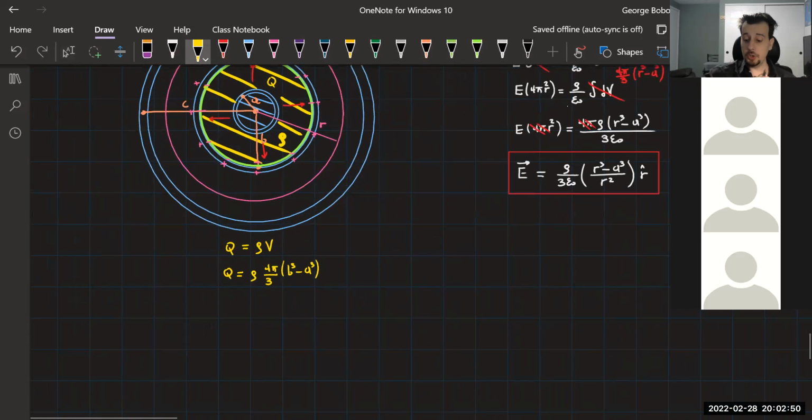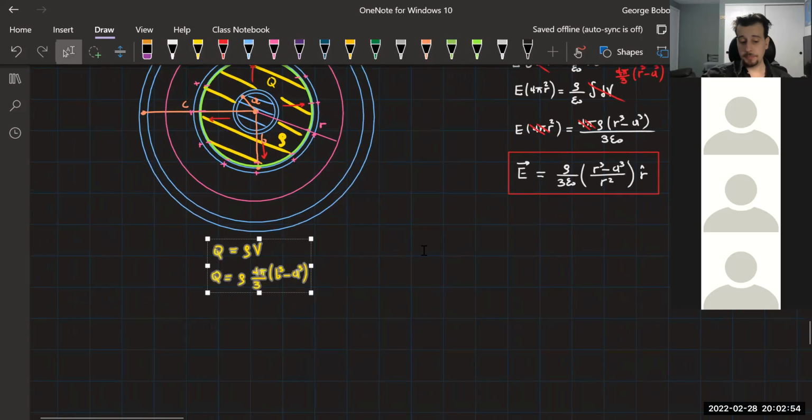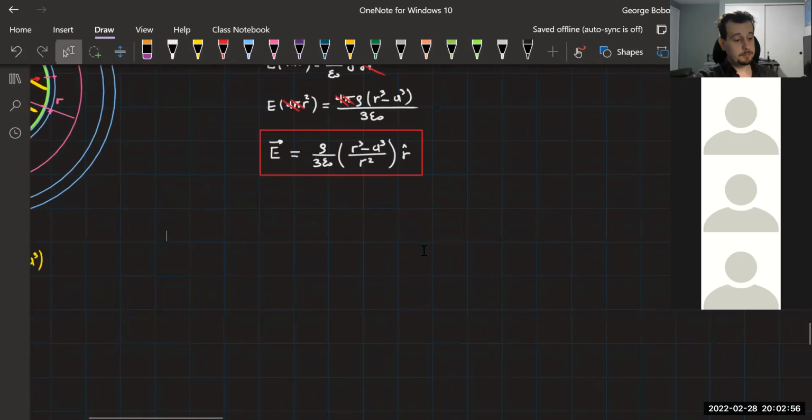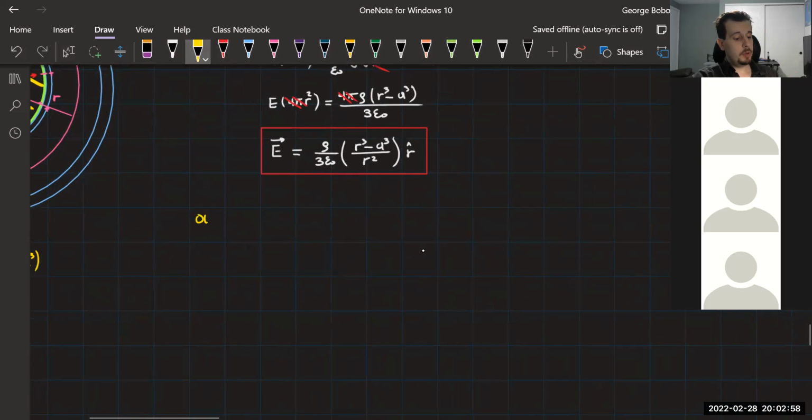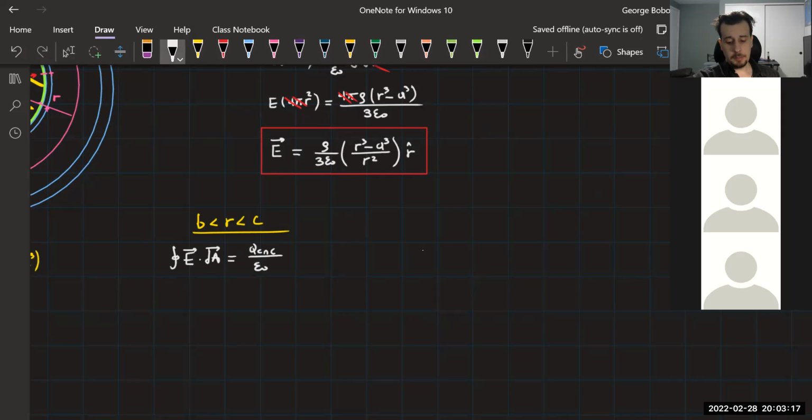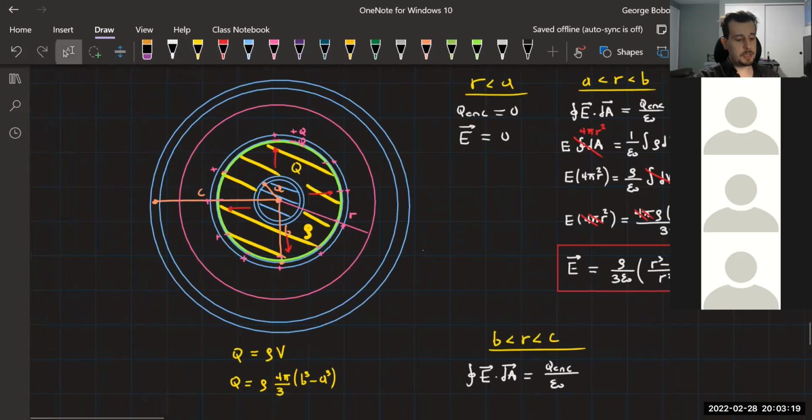Okay, so now that you know this, you're in a position to solve the rest of the problem. Let's see how. When we are between B and C right now, we still write again our Gaussian law over here. But for the right-hand side, it's really easy right now to find Q enclosed after what we did.